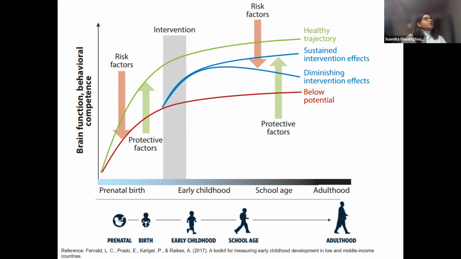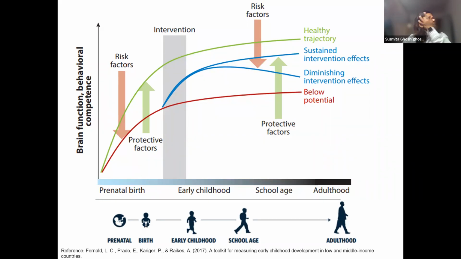And the red line shows the developmental trajectory that is below the child's potential. And the blue line shows the potential changes in trajectories following an intervention, and the risk factors and protective factors that may influence the trajectories both before and after the interventions.